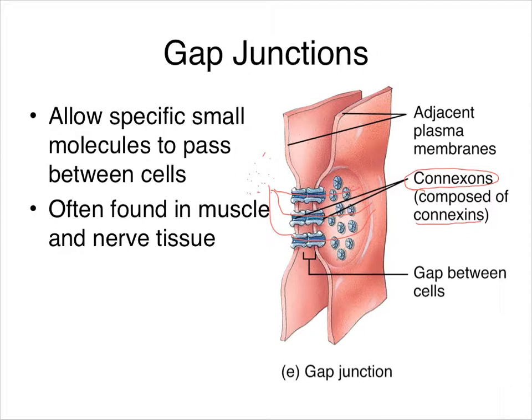Their primary purpose is communication rather than attachment, though they do serve that attachment function as well. You will often see gap junctions in the presence of desmosomes, where the desmosome's job is to hook the two surfaces together and provide strength, whereas the gap junction allows for communication and information flow.